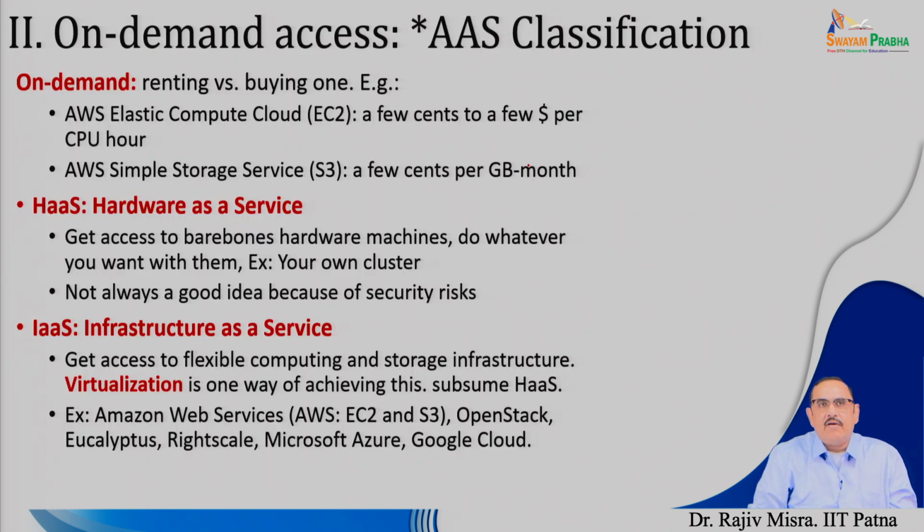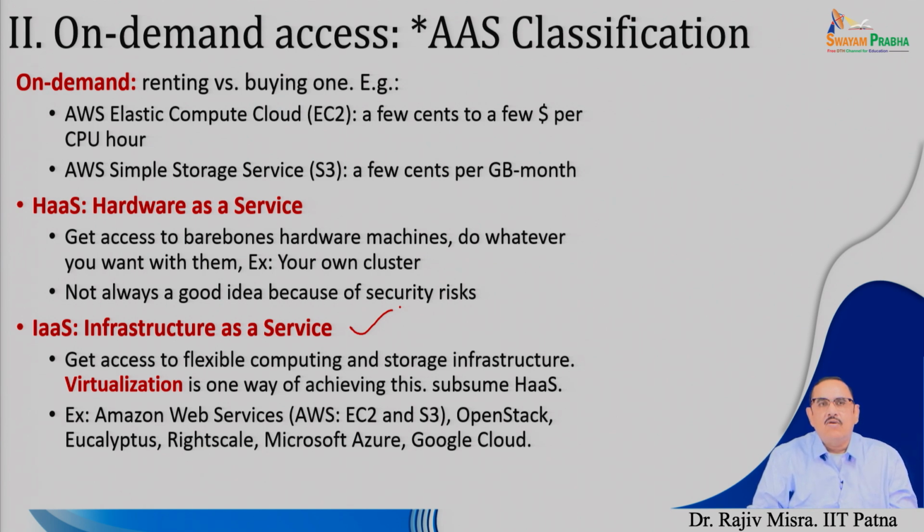Now, the second important feature of cloud computing is on demand access, also called service classification. The most important service classification, which the cloud provider often gives in the form of a virtual machine, is called infrastructure as a service. You get access to flexible computing and storage infrastructure, and virtualization is the key technology which brings this infrastructure as a service.